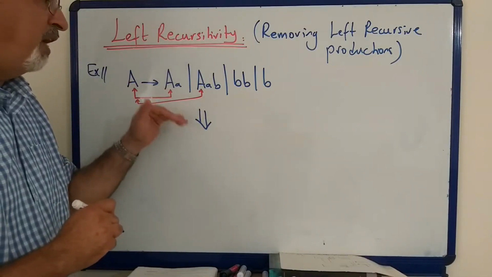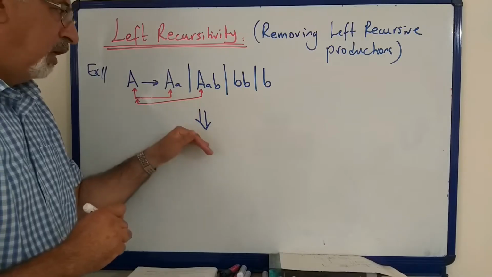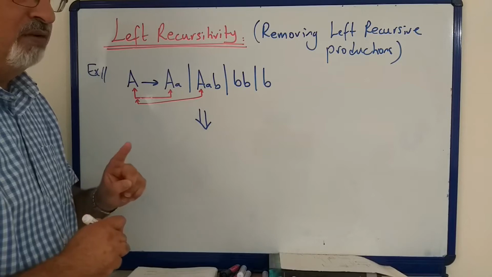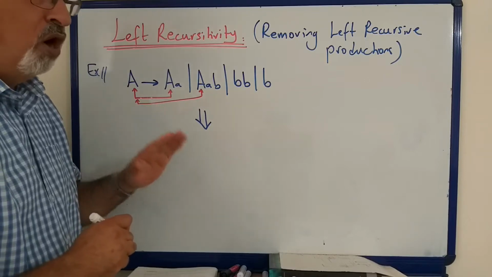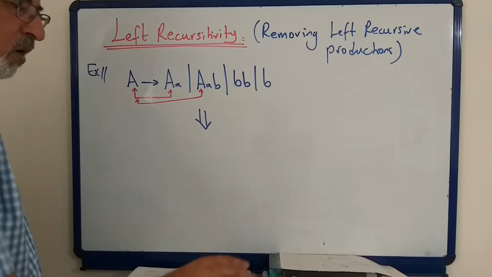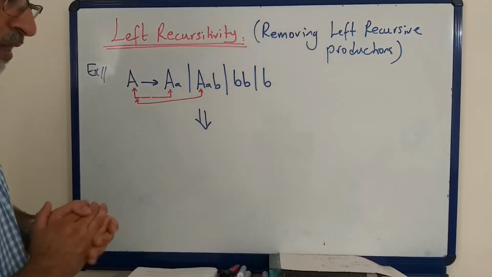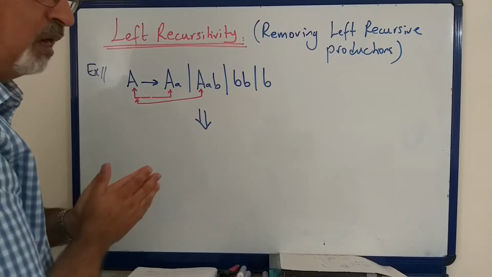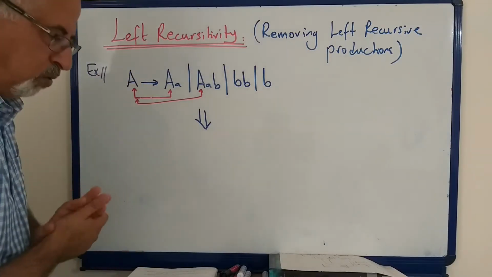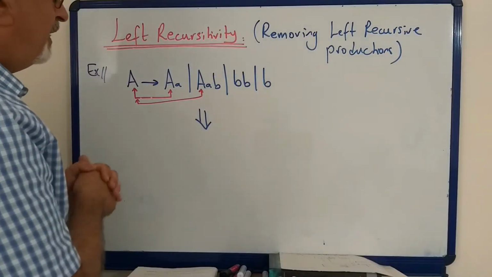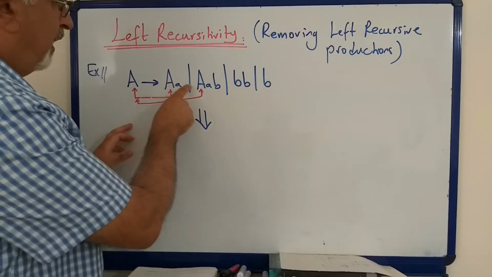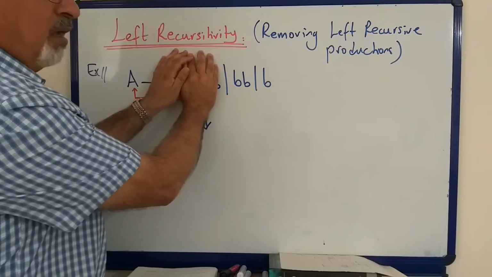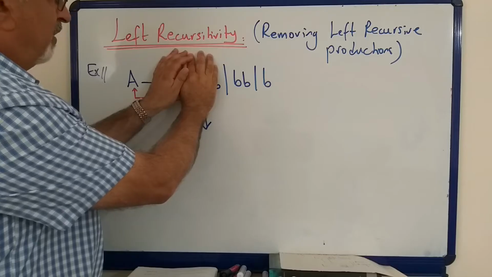Now I can find other equivalent productions without left recursivity. So the idea is to remove left recursivity. Look how I will do this. This is a shortcut, and you have to understand it. I will not write the algorithm. Look what you have to do. First, where is the left recursivity? Here and here. You will hide the left recursivity.